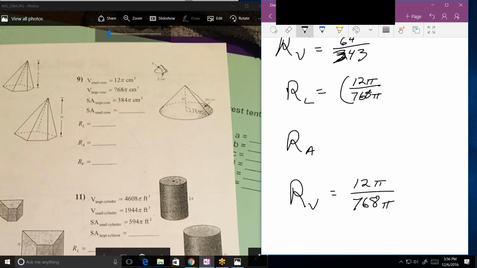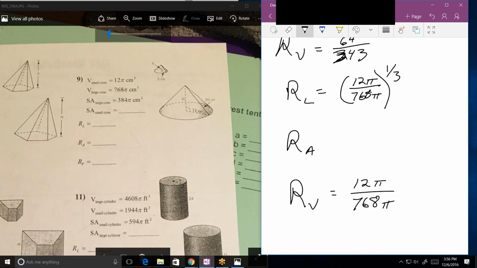Not cubed, the cube root. The volume is the linear cubed. So when they give you the volume ratio and they want the linear ratio, and they don't even want the linear, they want the area, first we need to figure out the linear.